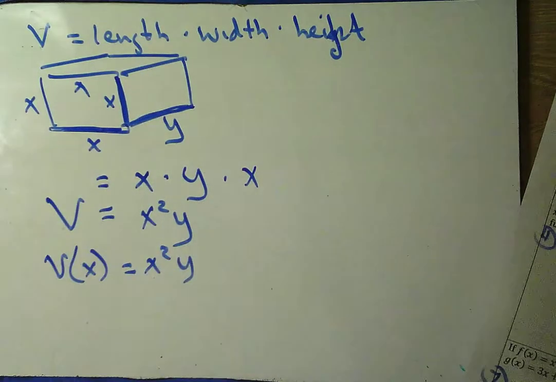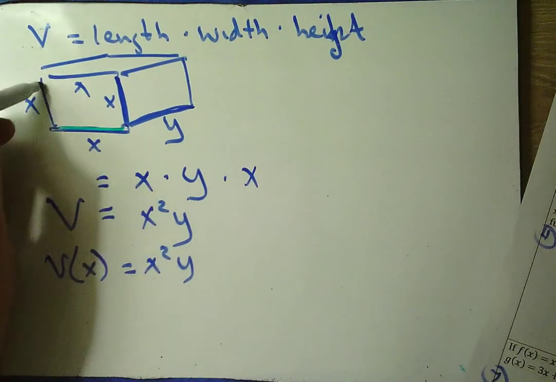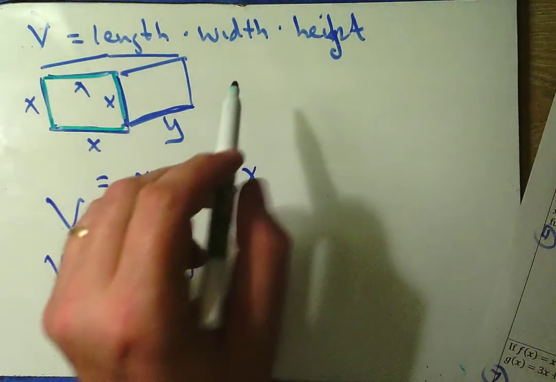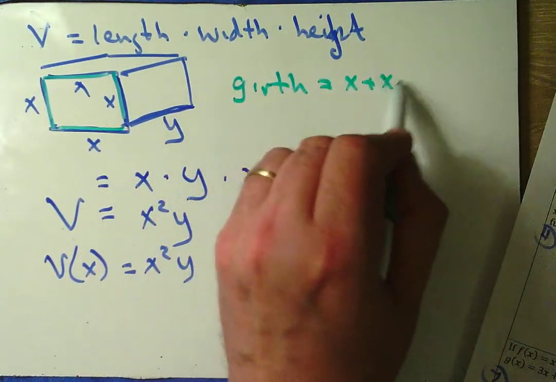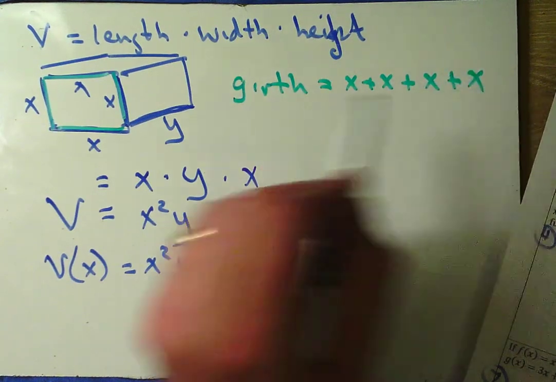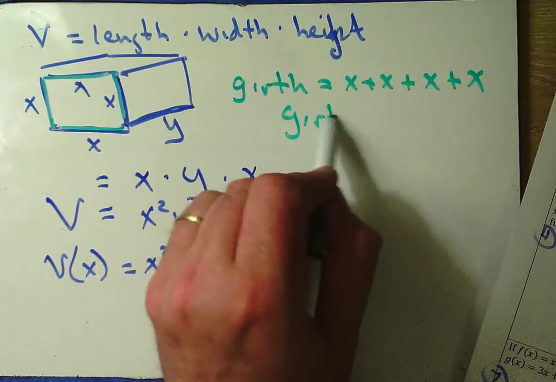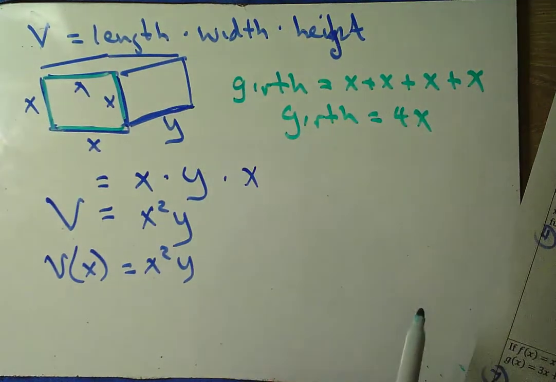Girth, remember, is the perimeter of the cross-section. The perimeter of our cross-section is this. So the girth is x plus x plus x plus x. So girth equals 4x's.